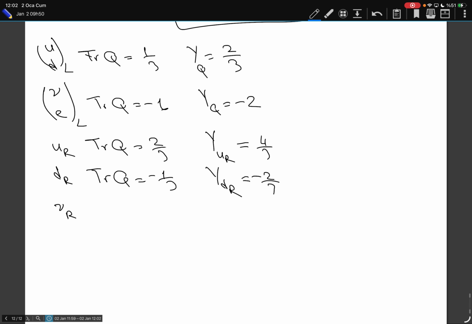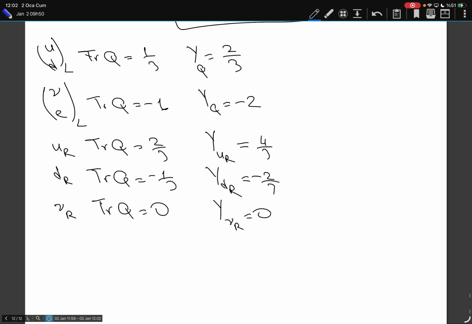Right-handed neutrino, trace of Q is equal to 0. So hypercharge is 0. It doesn't interact through U1. And since it's right-handed, it doesn't interact through SU2.